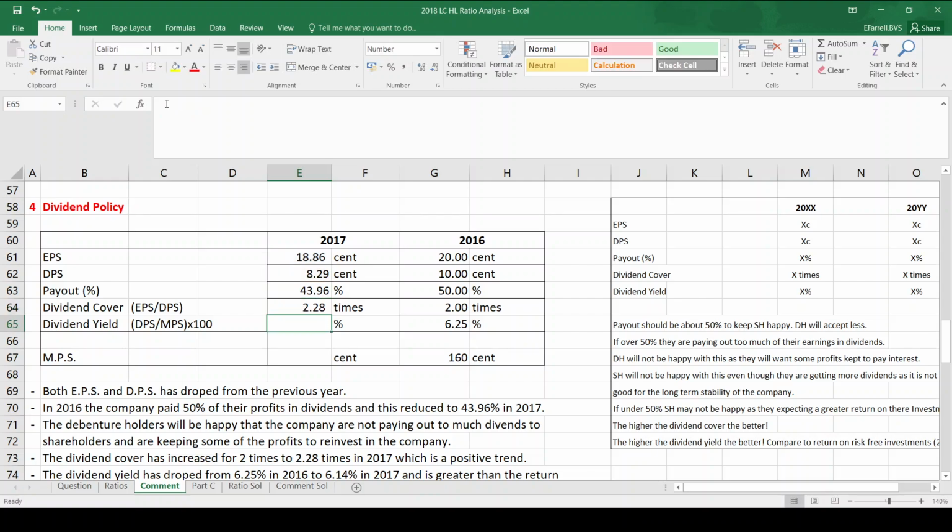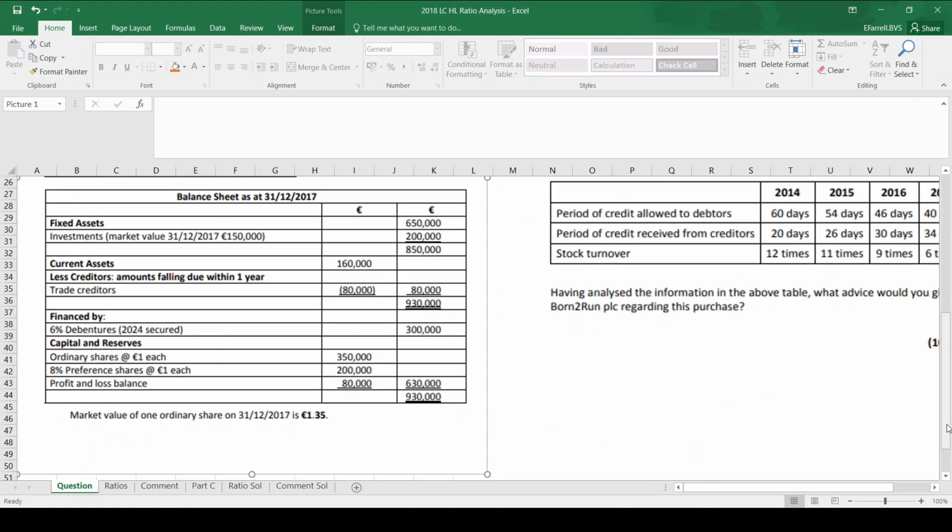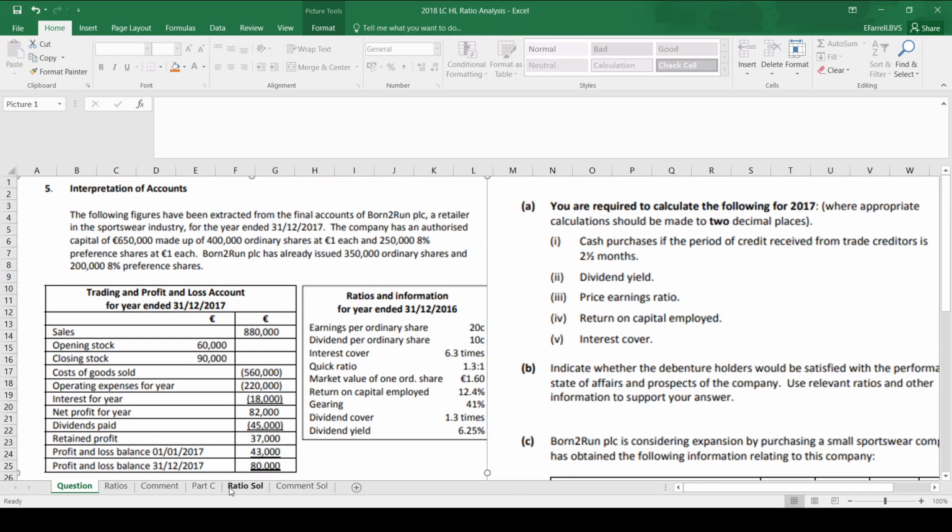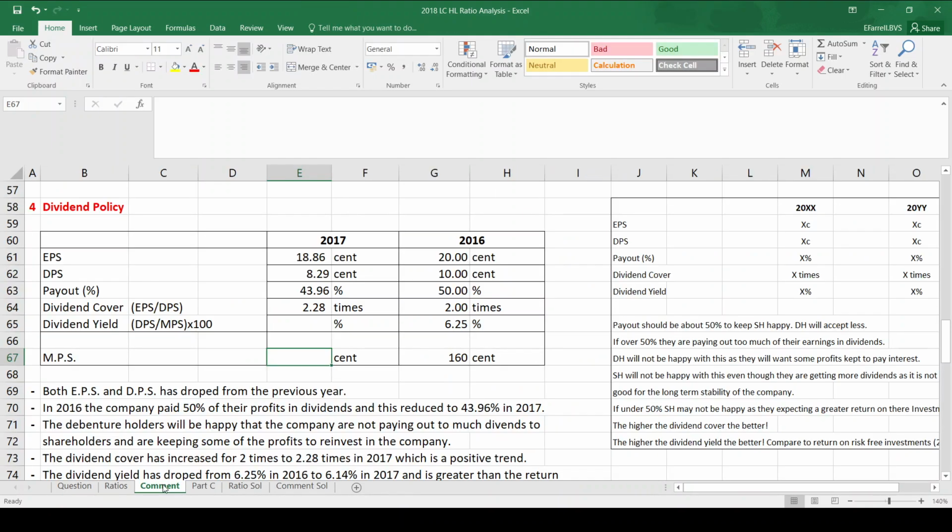For the dividend yield, I'm just going to put in my market price per share first. The market price per share is €1.35, so 135 cents. The dividend yield is dividend per share divided by the market price per share, multiplied by 100.